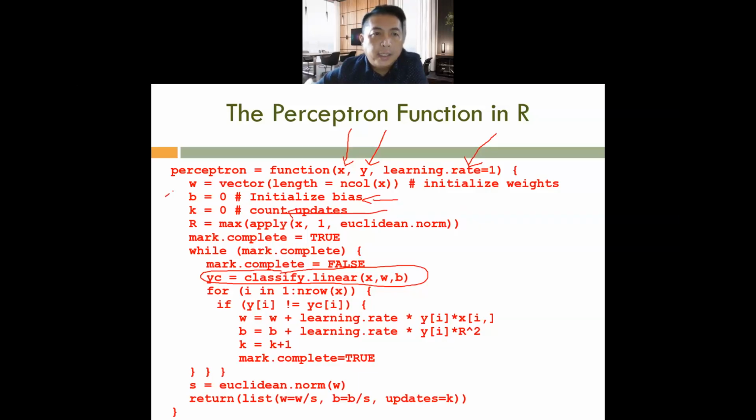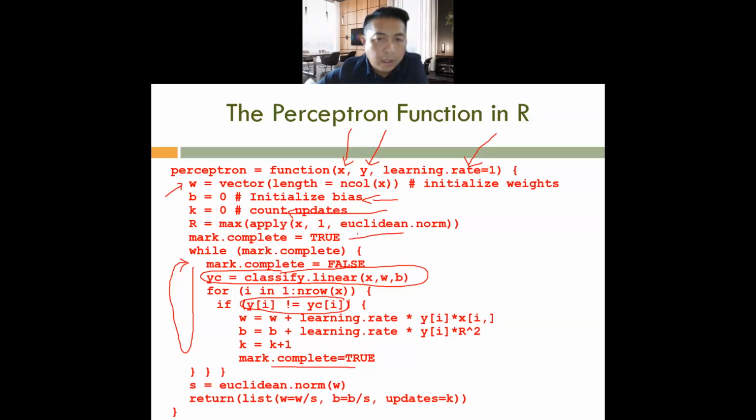You initialize the weightage to be 0, and then you go inside here and you keep repeating this as long as the predicted value is not the same as the actual value. If they are not the same, you will continue, because this one will make it true.